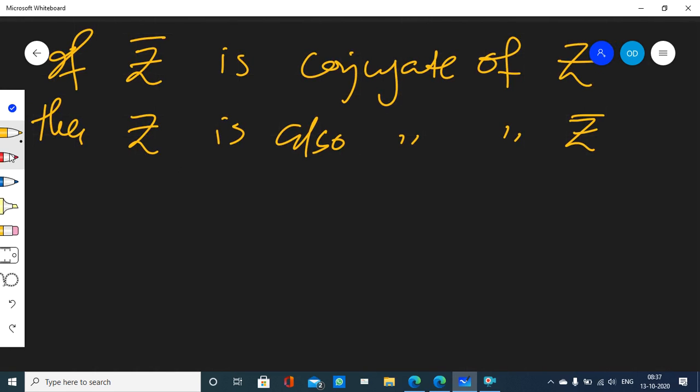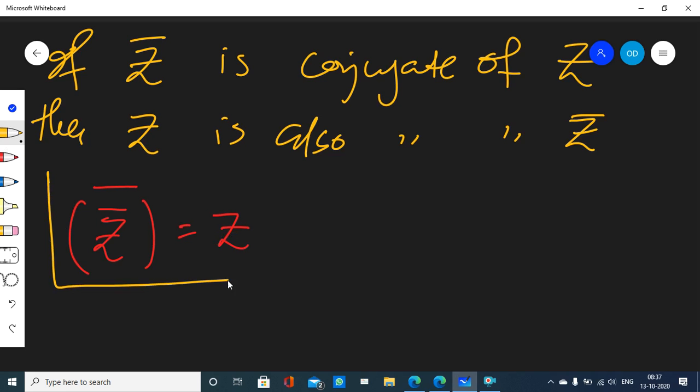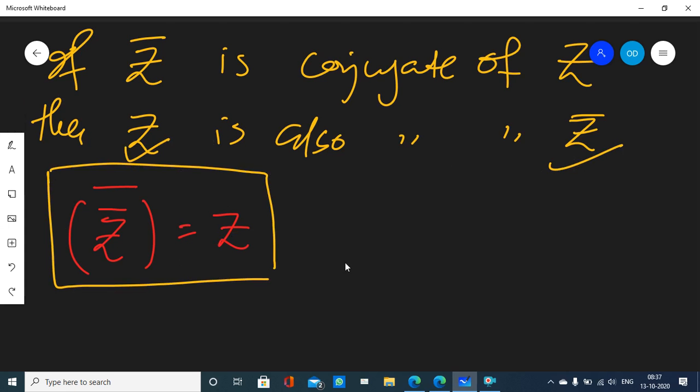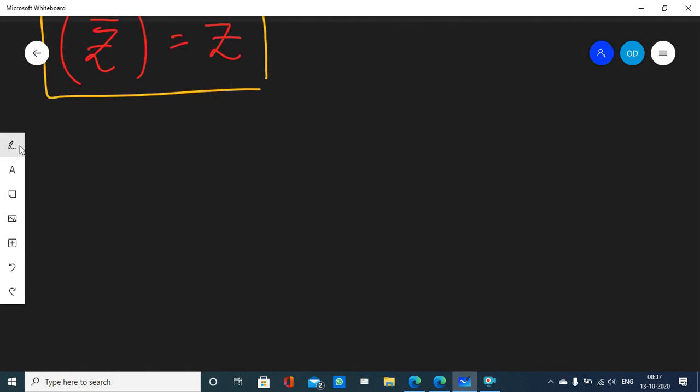Now this property that we have learned, that conjugate of z conjugate is equal to z. And why is that? Because you see, z is a conjugate of z conjugate, right? z is also conjugate of z conjugate. Think about it.